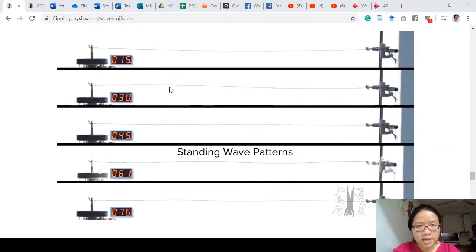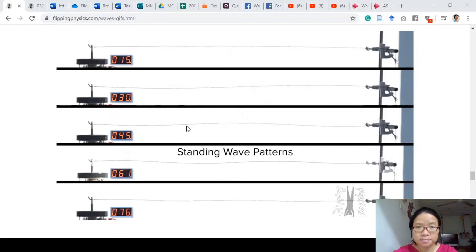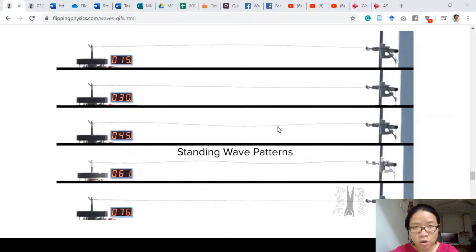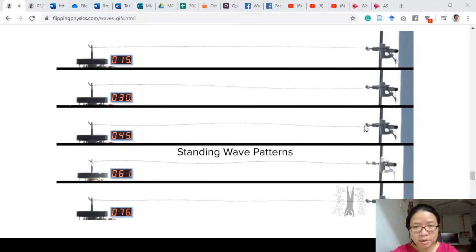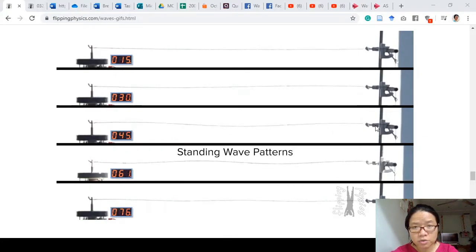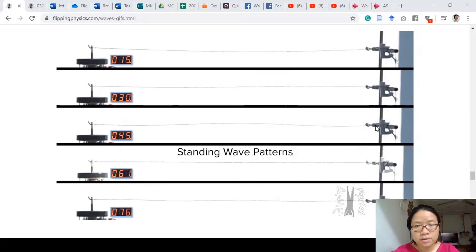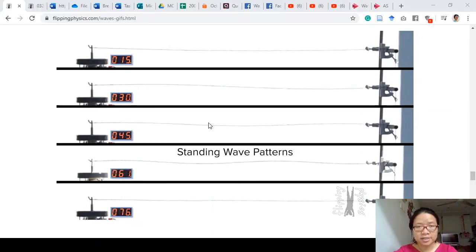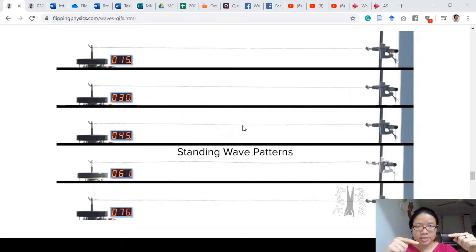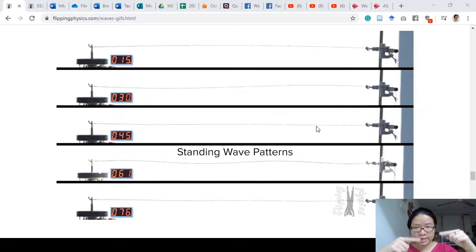Okay, so you notice that, hey, hang on, the loops are oscillating in the opposite direction. So if you look at the third diagram, my mouse is pointing towards all the nodes, right? Okay, and you will notice that the center and the side actually oscillate alternatingly.